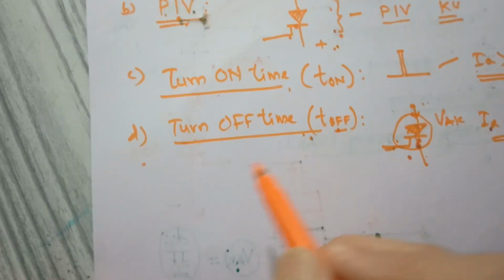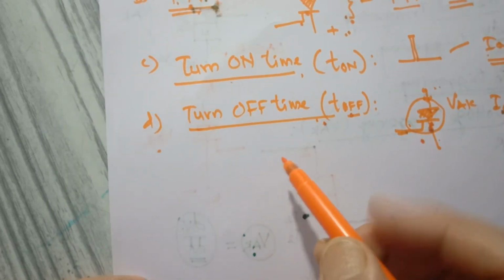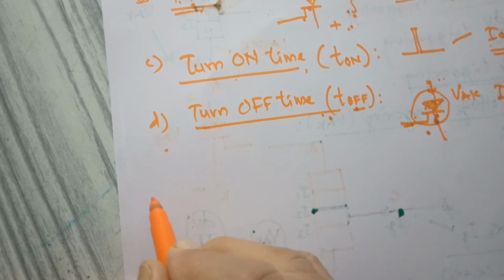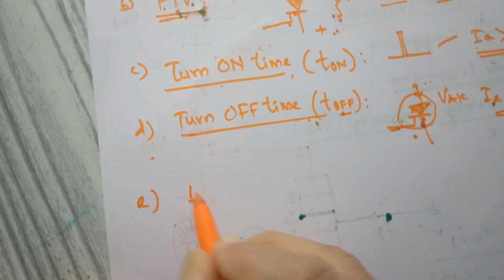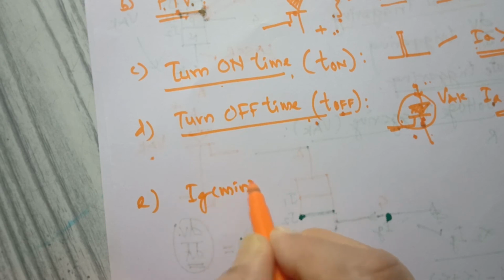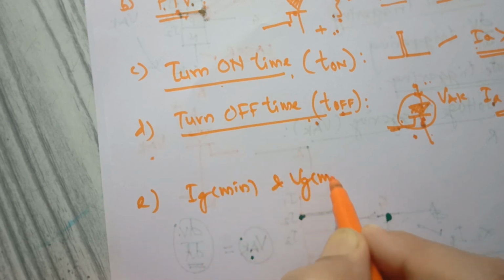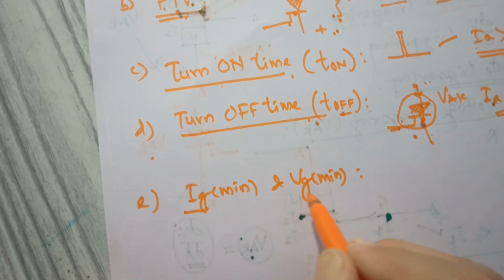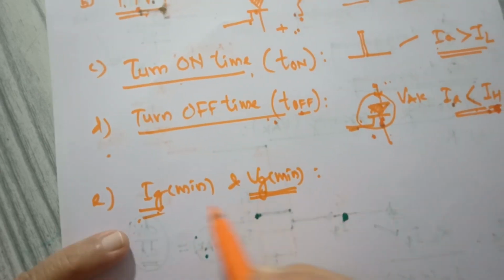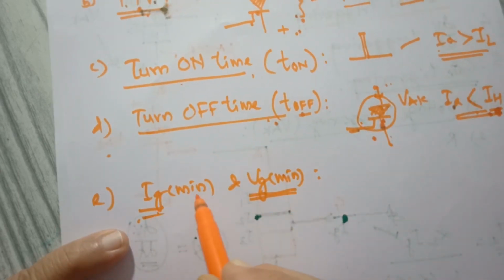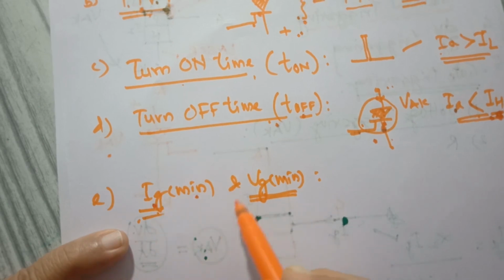So these parameters are required while designing the control circuits. Then we have some parameters like IG minimum and VG minimum. IG means gate current and VG the required gate voltage for that current. The name itself indicates it is the minimum gate current required to turn on the SCR, or the minimum gate voltage required to turn on the SCR.